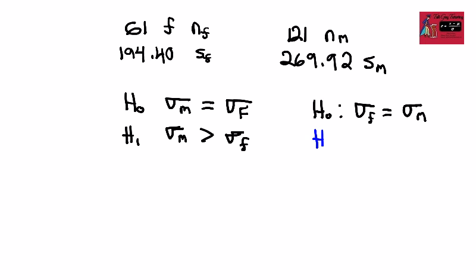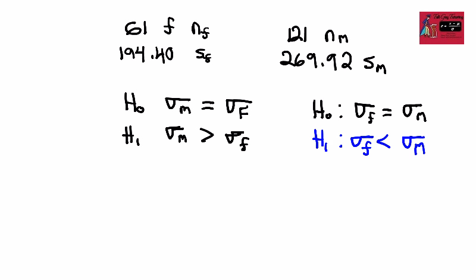But the other scenario is that your females are going to be less than your males. These two cases are significantly different, and they differ on what kind of value you're looking for.